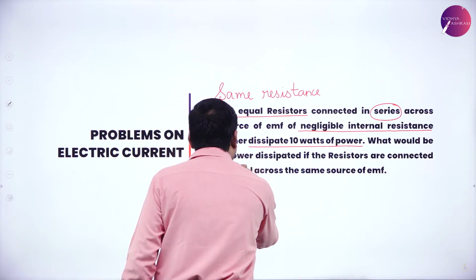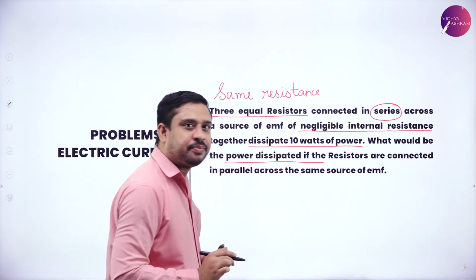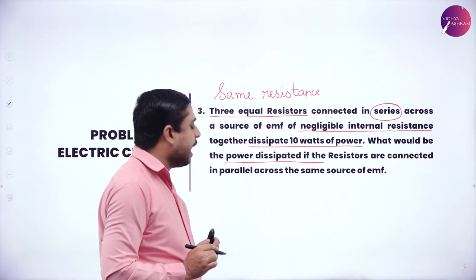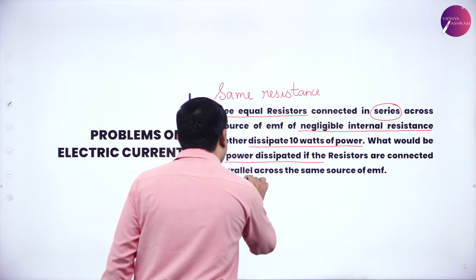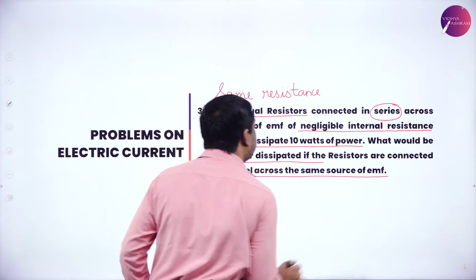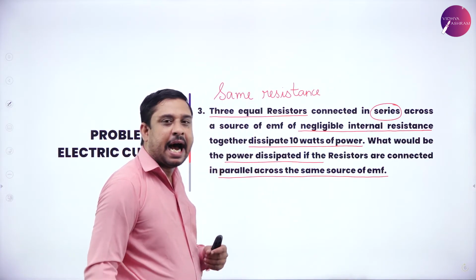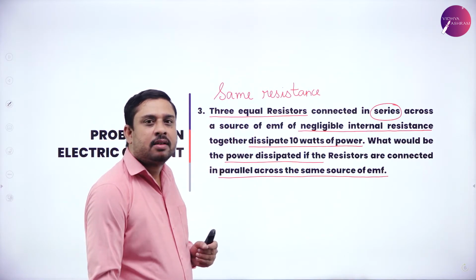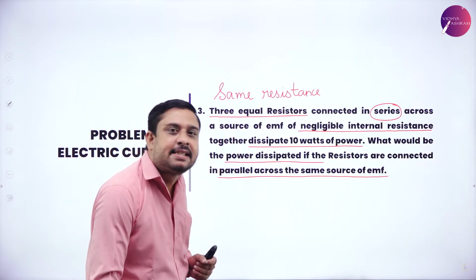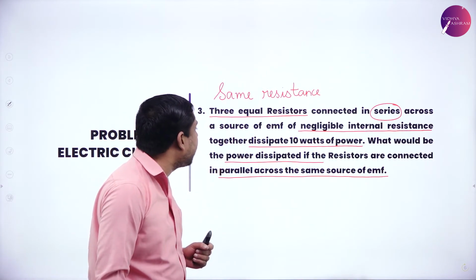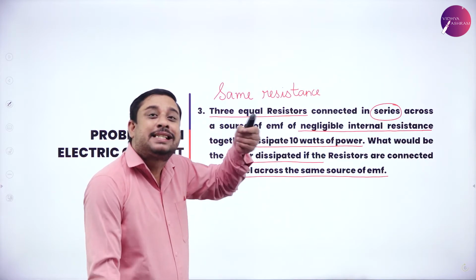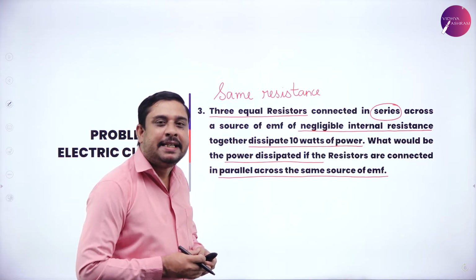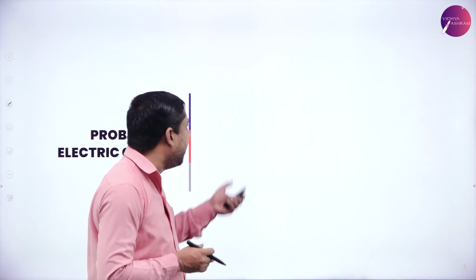What would the power dissipated be if the resistors are connected in parallel across the same source of EMF? That is, the same 3 resistors, if they are connected in parallel across the same source, what would be the power dissipated?